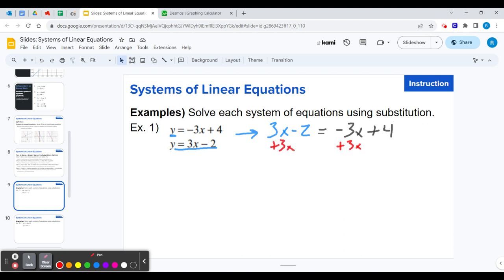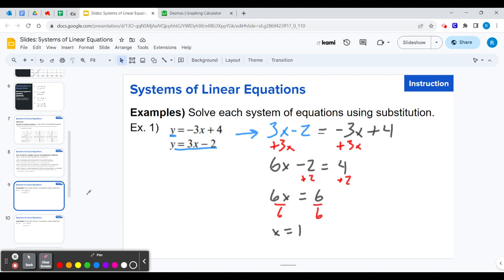So I'm going to add 3x to both sides. I'll get 6x minus 2 equals 4. Then we can add 2 to both sides to move that 2 over. I'll get 6x equals 6. And if we divide by 6 here, okay, we'll get x equals 1.